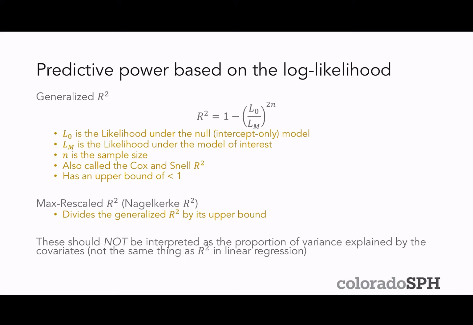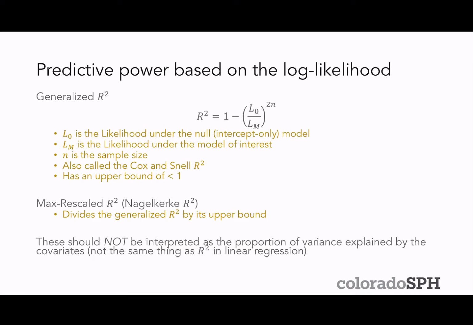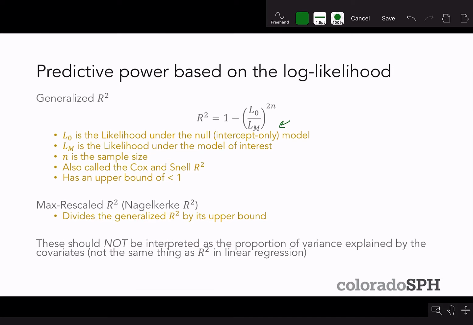So the predictive power measures based on the log likelihood are listed here. The generalized R-squared is calculated as 1 minus the ratio of the likelihood under the intercept only model divided by the likelihood under the model of interest, raised to the 2/n power, where n is the sample size.